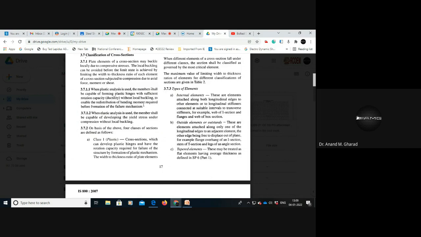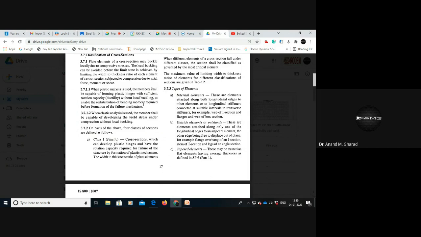So if you remember, we have drawn that idealized stress strain curve, that too bilinear, isn't it? In that we said that the material will yield up to the plastic hinge formation.